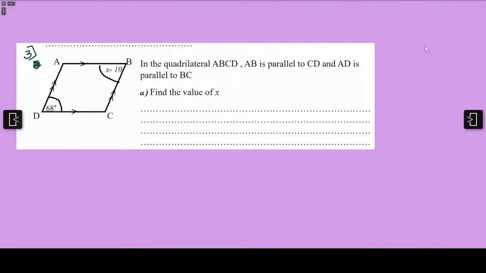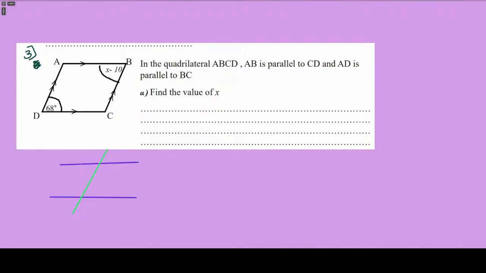You have learned about angles related to parallel lines. So when the lines are parallel, what do you know about them? Now let me put a diagram for us to recall the rules of angles related to parallel lines.